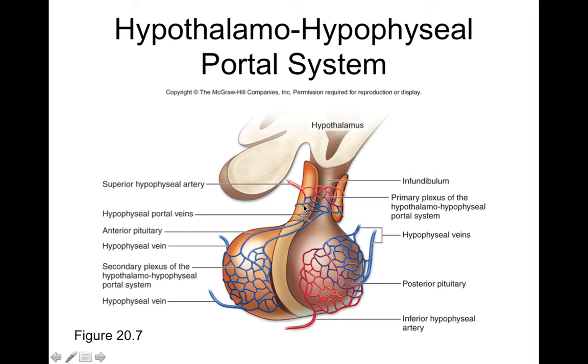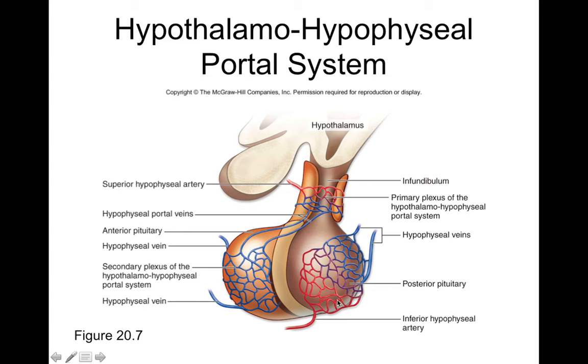Instead, hormones are made by the hypothalamus. They're transported through axons down the infundibulum to the posterior pituitary, and then those hormones are released directly into the bloodstream of the posterior pituitary. Okay? So there's no regulatory hormone communication between the hypothalamus and posterior pituitary.